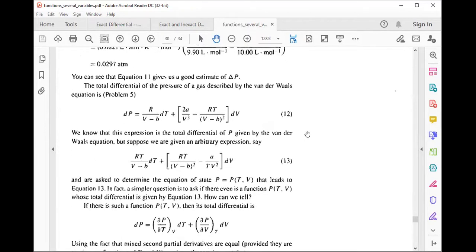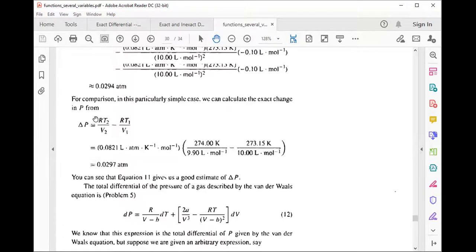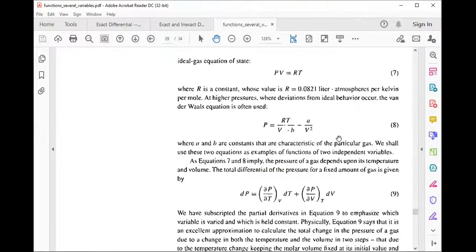Now let us consider a real gas, which is described by the van der Waals equation. So first, let us write down the van der Waals equation.